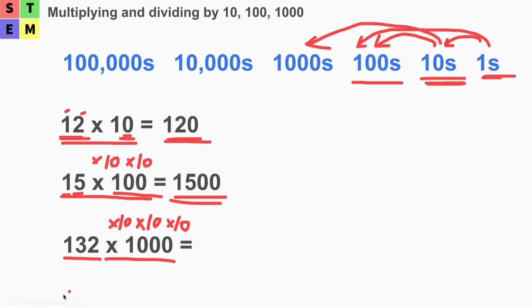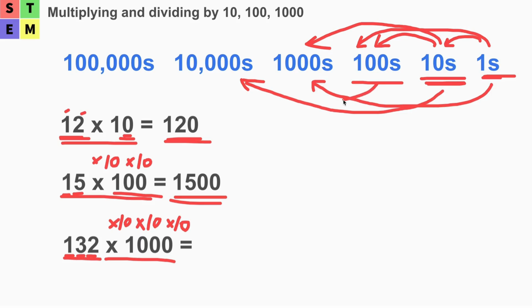So the 2 goes 1, 2, 3 places to the thousands place, the 3 goes to the 10,000s place, and the 1 goes to the 100,000s place.